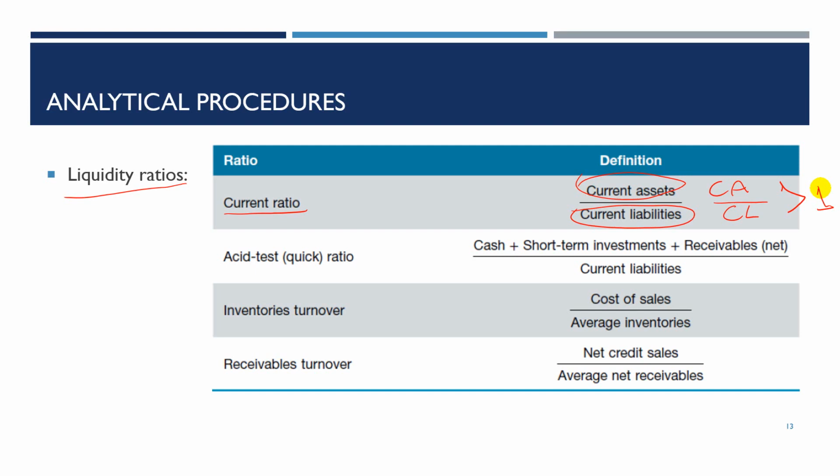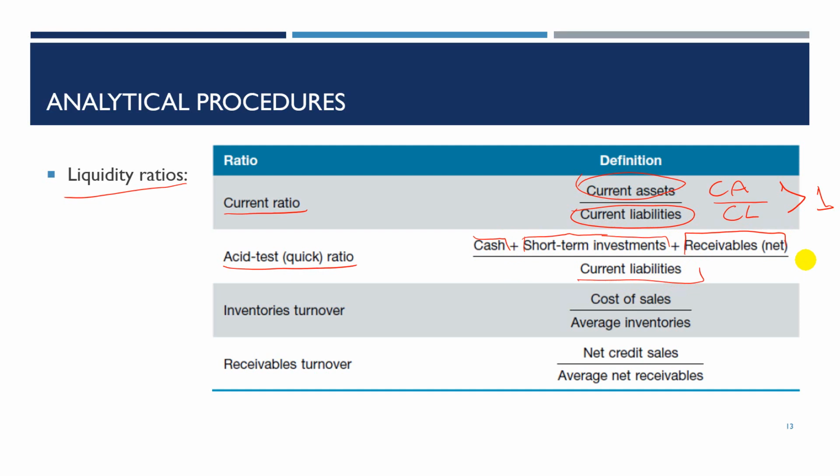The next short-term liquidity ratio is quick ratio or acid test ratio, which is equal to cash plus short-term investments plus net receivables divided by current liabilities. This ratio indicates how well liquid assets cover current liabilities. Acceptable benchmarks for current ratio and quick ratio vary from one industry to another.